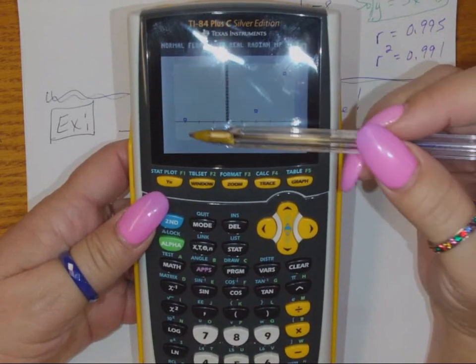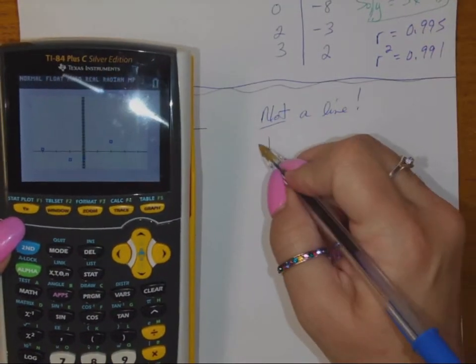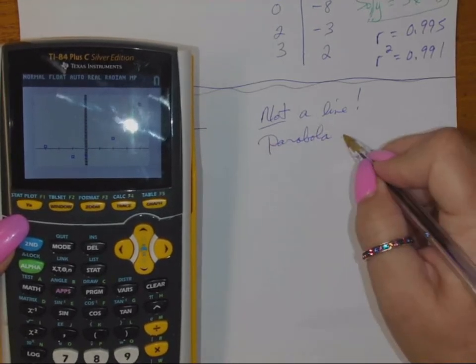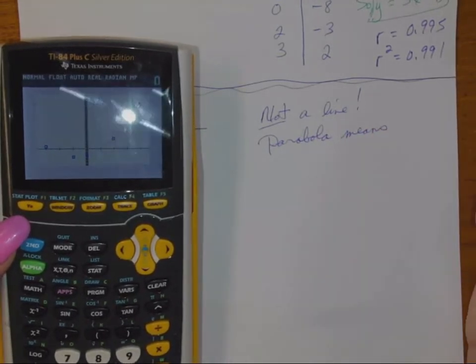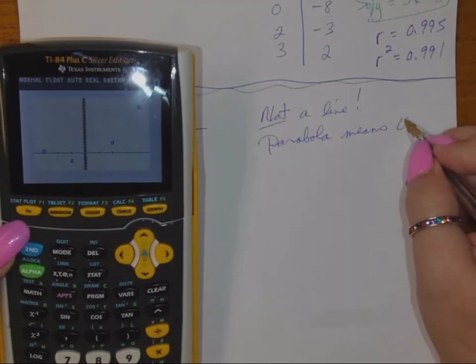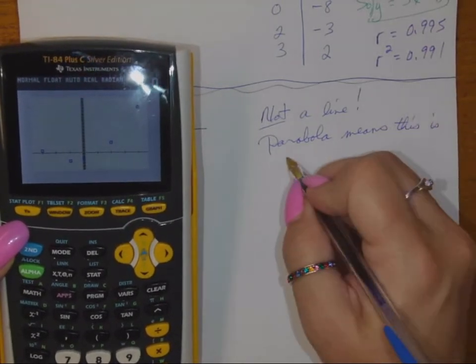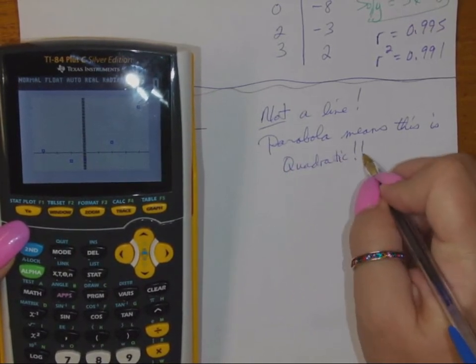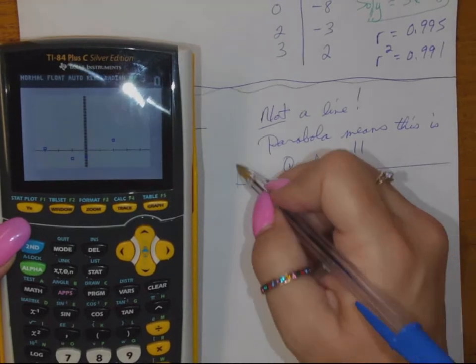So I'm going to take a wild guess, and I'm going to say that this is a parabola. And what kind of an equation gives me a parabola for the graph? Hopefully I'm hearing you say this is quadratic, which means x squared, right, instead of just y equals x.